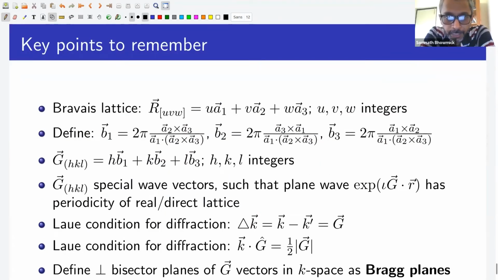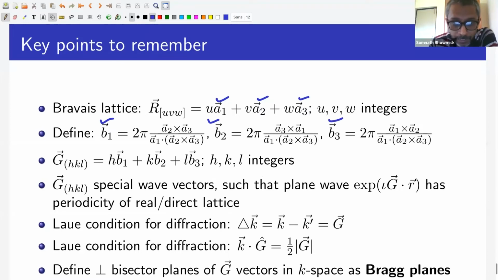Finally, let me summarize the most important concepts in this lecture. We have defined 3 basis vectors for real lattice or Bravais lattice, and based on them we have defined 3 basis vectors for the reciprocal lattice.